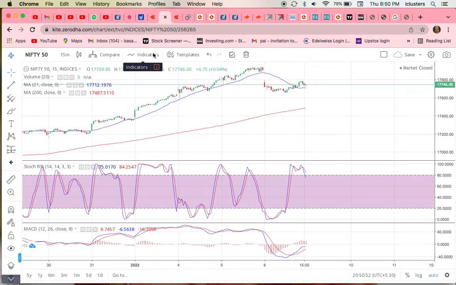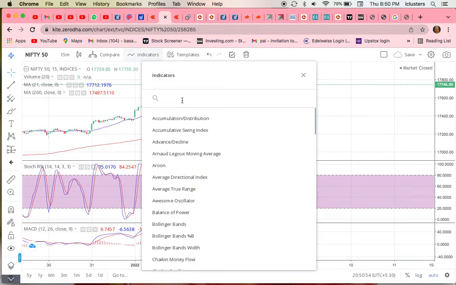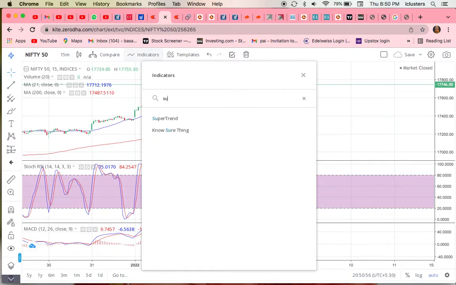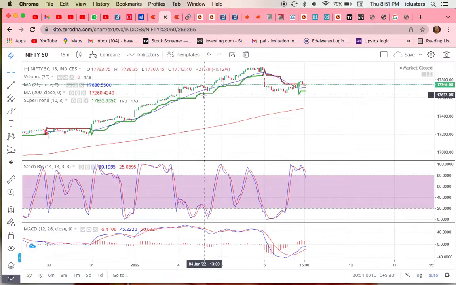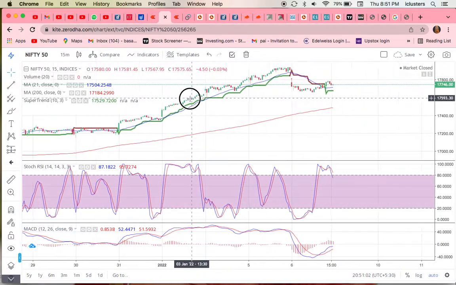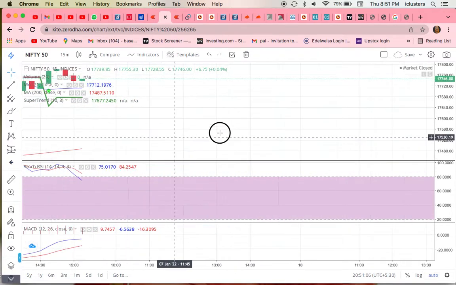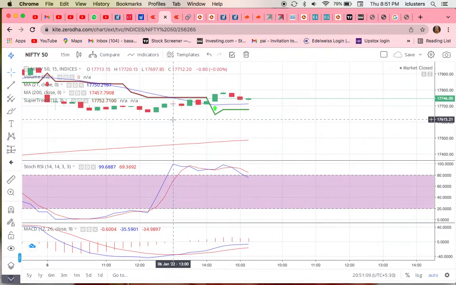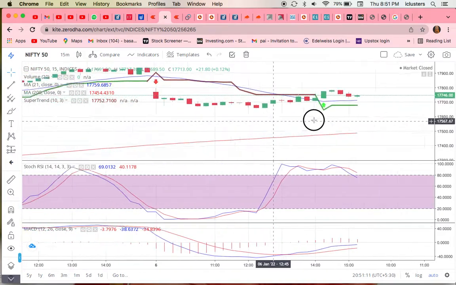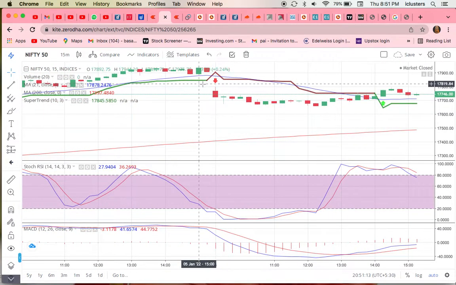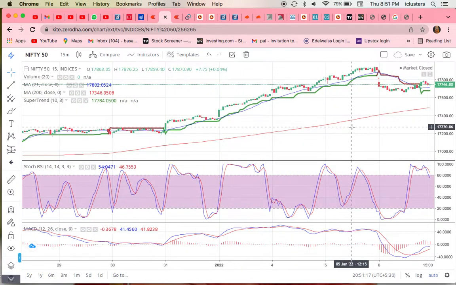And we need to use one more indicator, Super Trend. This is my favorite indicator because it clearly indicates when a downtrend has started, and when the green side has started. Beginners can also easily find out these indicators.